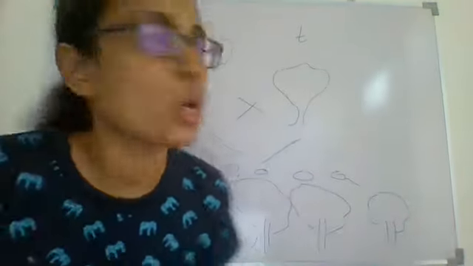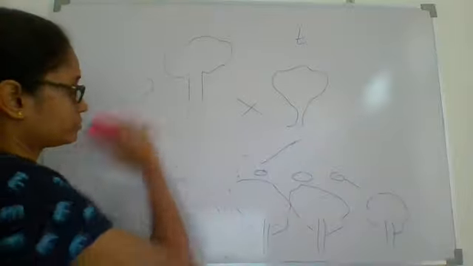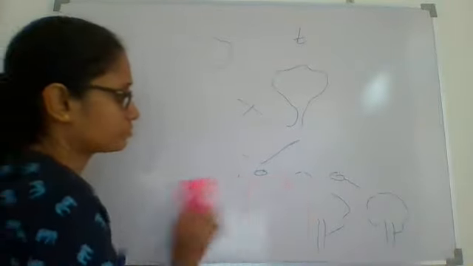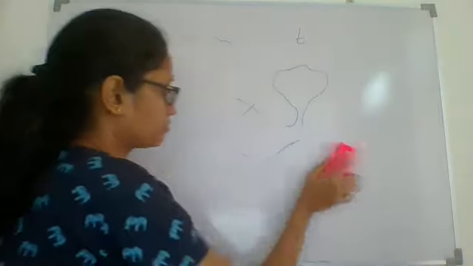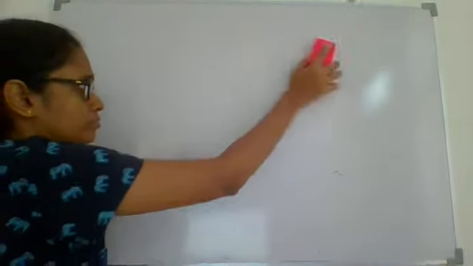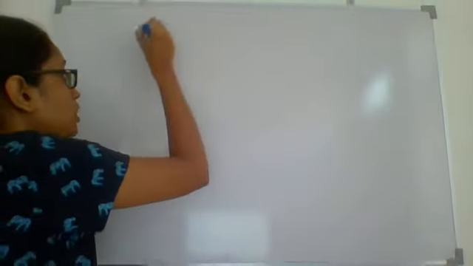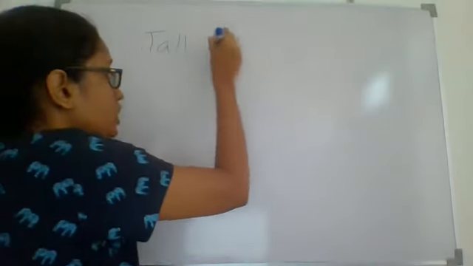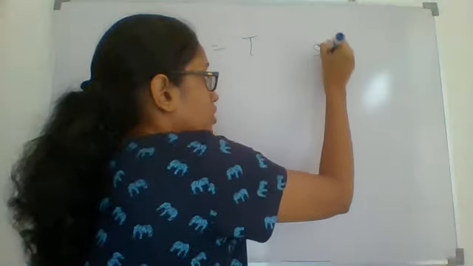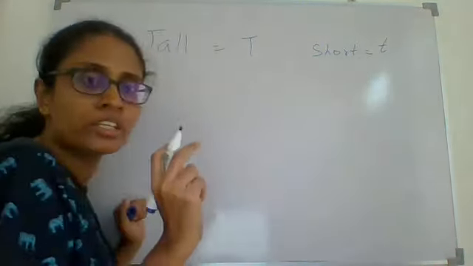If you take tall plants, if the feature is tall, he has used capital T for the tall plants and small t for the short, right?